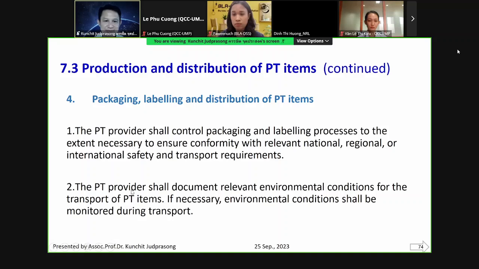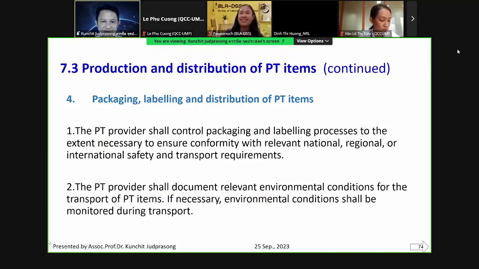The PT provider shall document related environmental conditions for the transport of PT items. If necessary, environmental conditions shall be monitored during transport. As an example, in microbiology they may need to control under 4 degrees Celsius, so you have to have dry ice and also a data logger put into the sample.